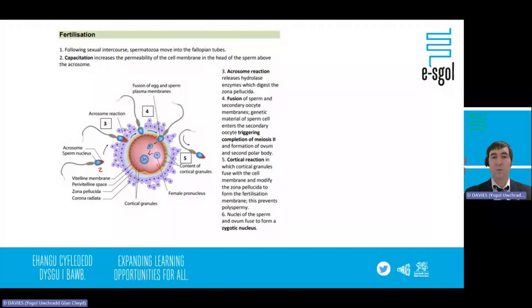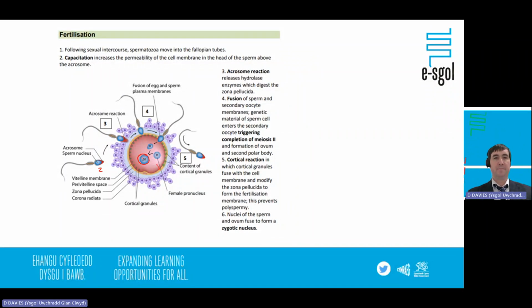When one sperm enters, that completes a chain reaction: second meiotic division occurs, cortical reaction, and we're done. No more sperm can enter. Those two nuclei fuse together and produce the zygotic nucleus, the beginning of an entire new person.